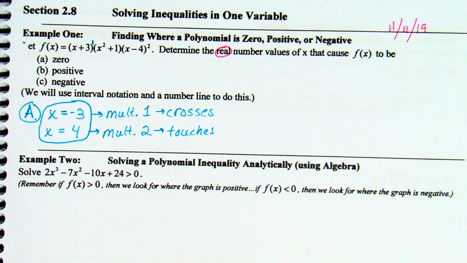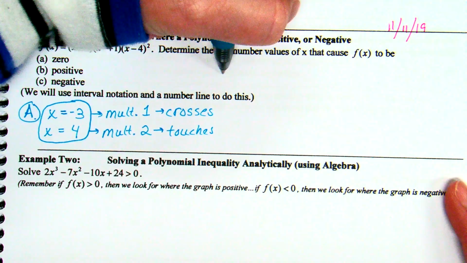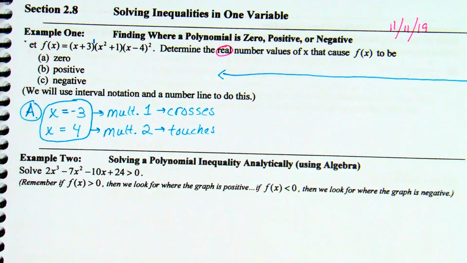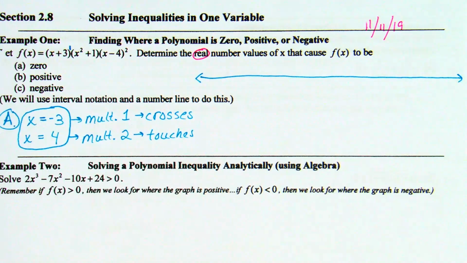It doesn't tell us how to do this, but we're going to create what I call a sign chart. So I'm going to draw a long number line, just so I have some room to work. On that number line, I'm going to put my zeros. What were my zeros? Negative 3 and 4.